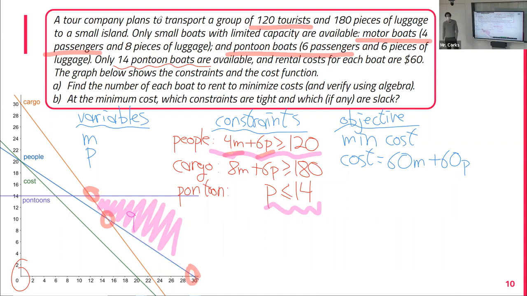Which one looks like the best corner? Sorry, I should label these. Let's call them A, B, and C. B, why B? Okay, so B is closest to our objective function, this point.